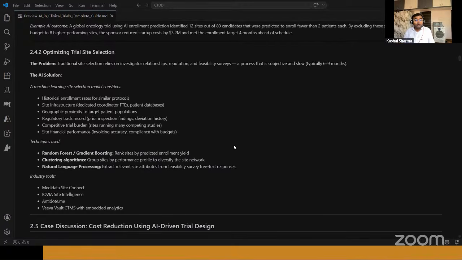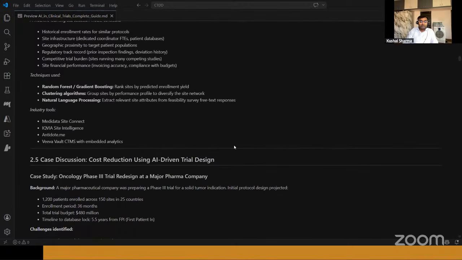Now, industry tools which are there: Medidata Site Connect, IQVIA Site Intelligence, Veeva Vault, CTMS with embedded analytics. So these are the current tools which are available.